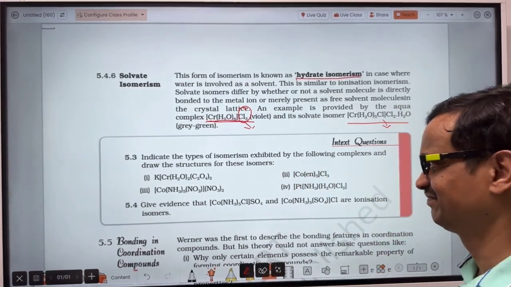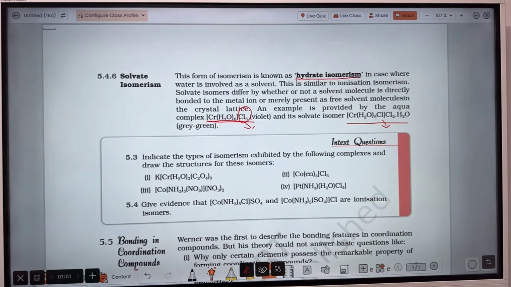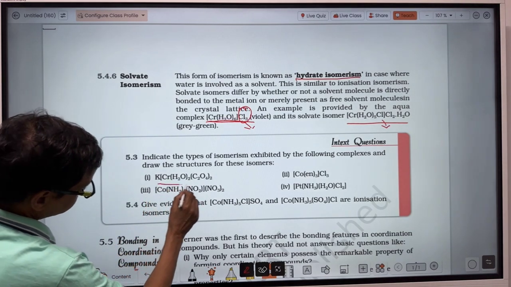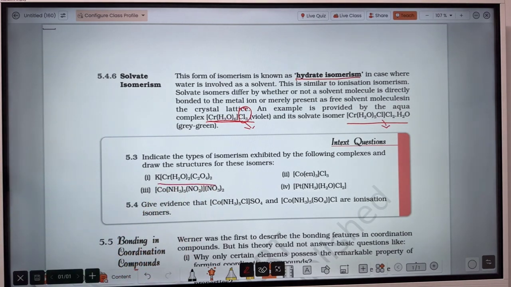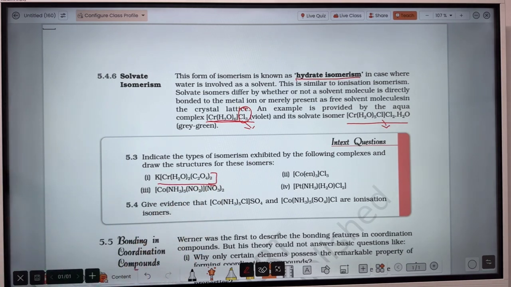Let's see about this compound here, which type of isomerism it will show. That can show optical isomerism also, that means dextrorotatory or levorotatory.